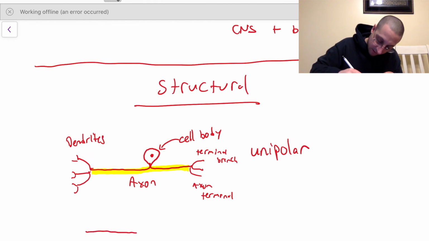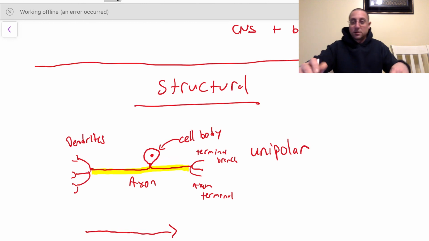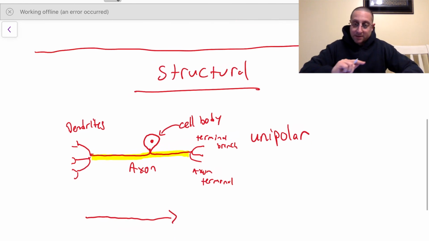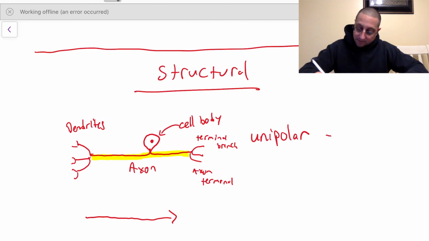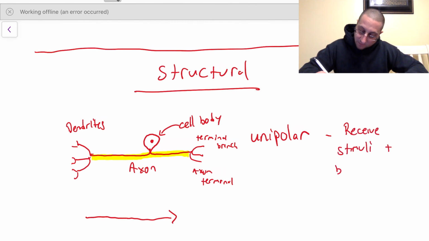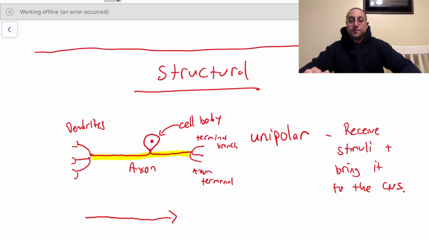It's going to be going in that direction from dendrite to terminal branch. Again, that's a unipolar, and it's called that because it has one long axon. This is going to receive stimuli and bring it to the central nervous system, a brain.